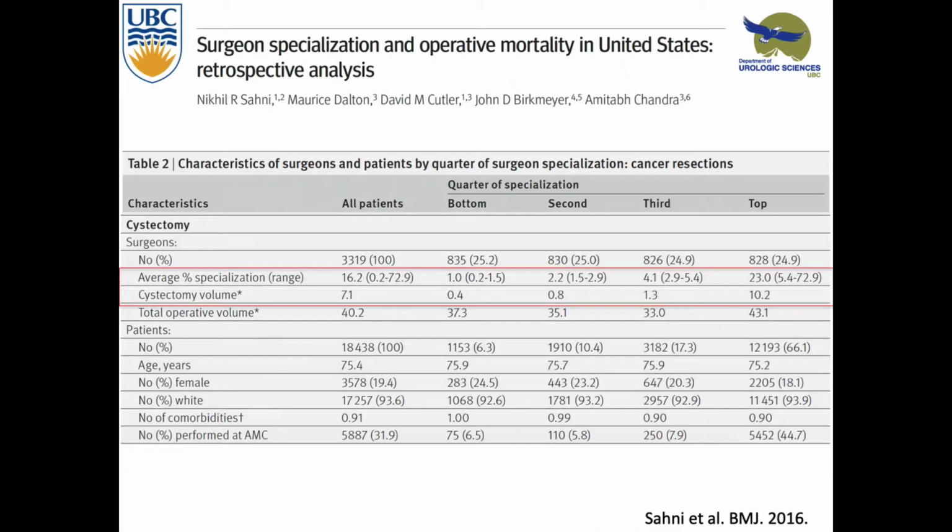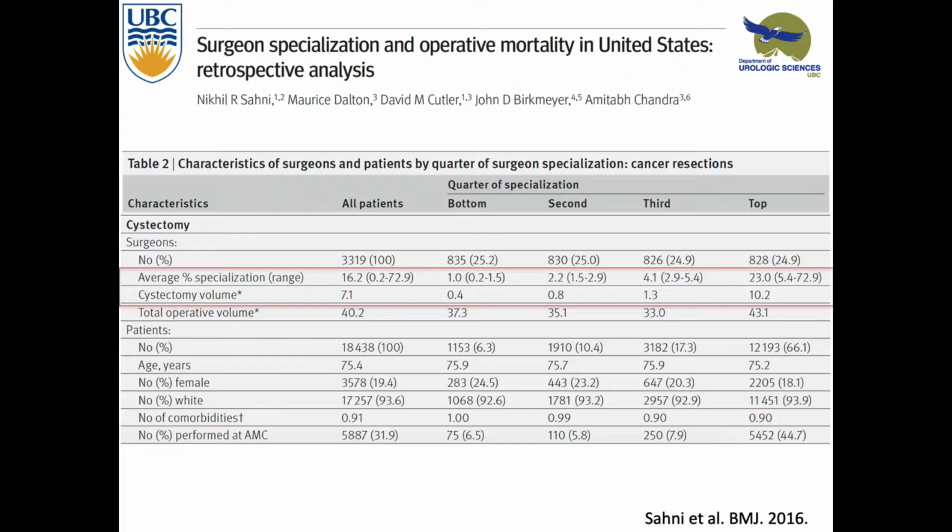This was an interesting study. It was looking at surgeon specialization and operative mortality rates in the US. It's retrospective once again. So it looked at what percentage of a surgeon's procedures is made up by radical cystectomy. The average specialization between everyone was 16%, and the average volume was 7 a year. Then they broke it down into quartiles.